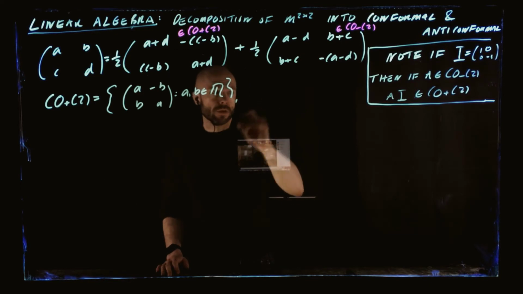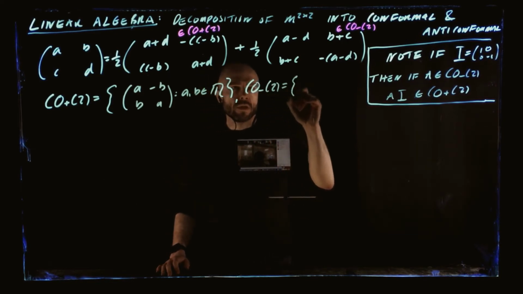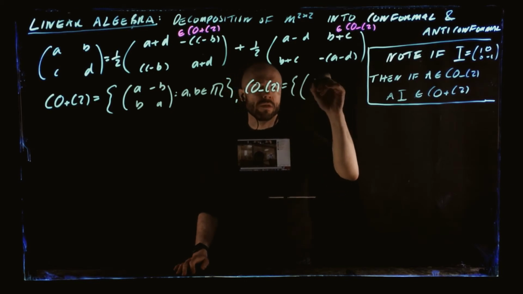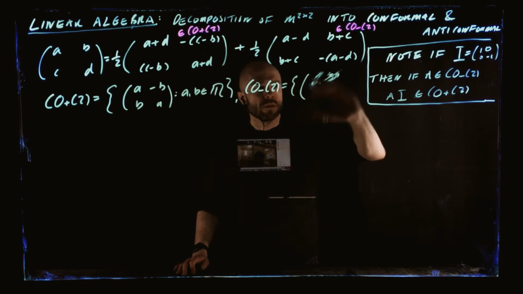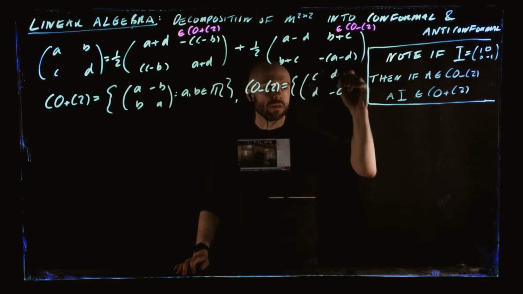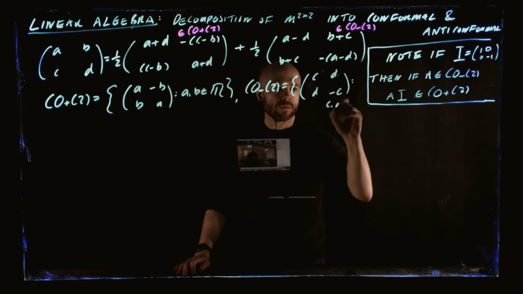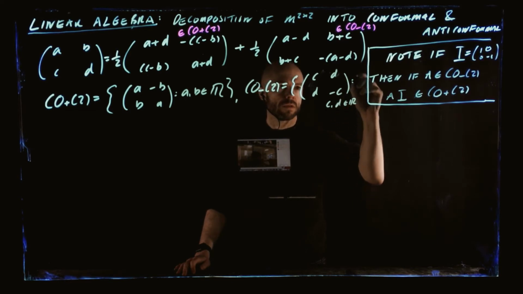And anticonformal are things of the form, or maybe just use different letters, C, D, D, minus C, where C, D belong to the real numbers.